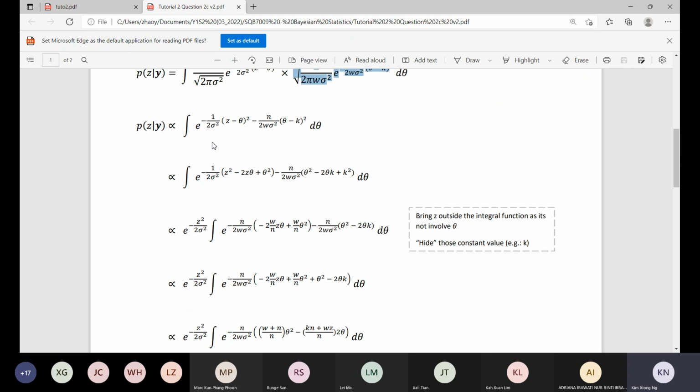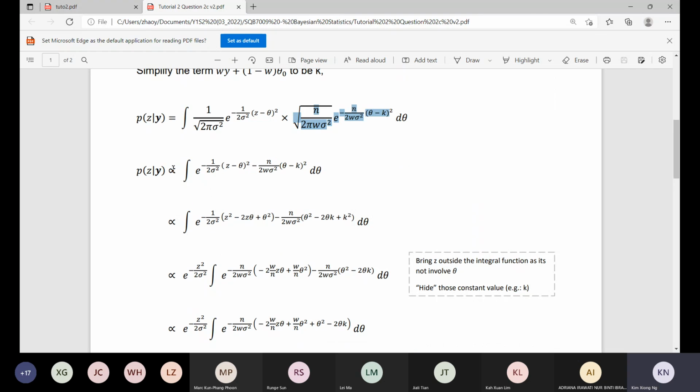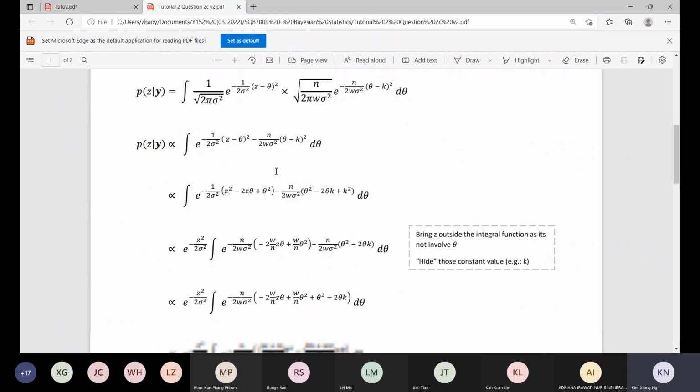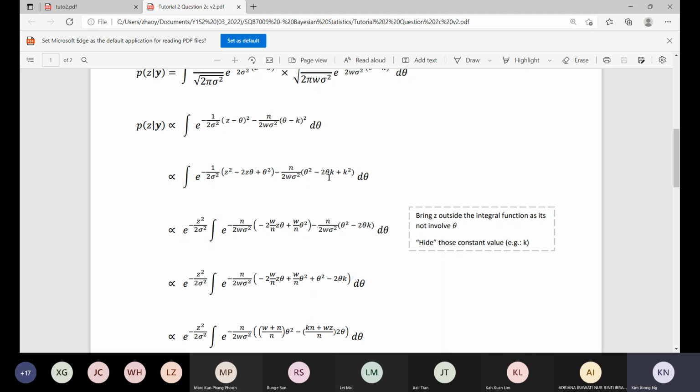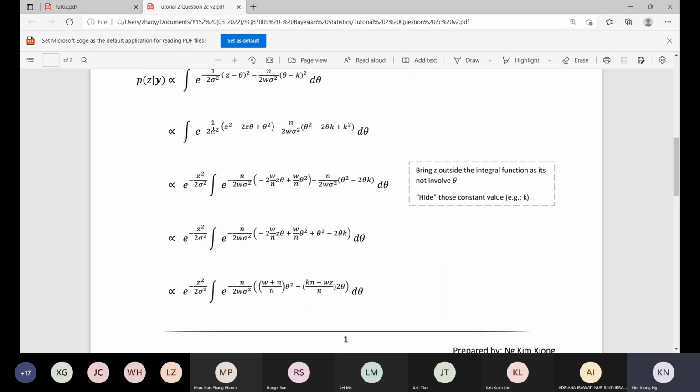After that, we do proportional, then we remove all the constants. Then we just expand the bracket, the square, then we solve it, then we move around.